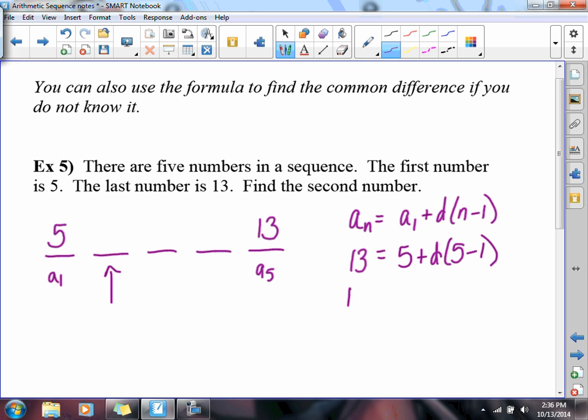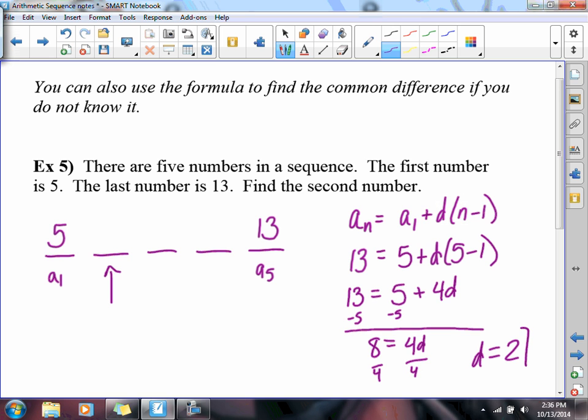So now I can work through this and I can actually solve for d. So 5 minus 1 is 4, so that's a 4d. If I subtract the 5, I'll end up with 8. And then when I divide by 4, I'll get my common difference is 2.